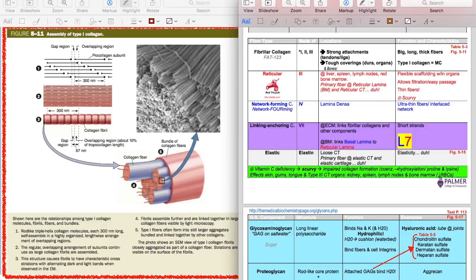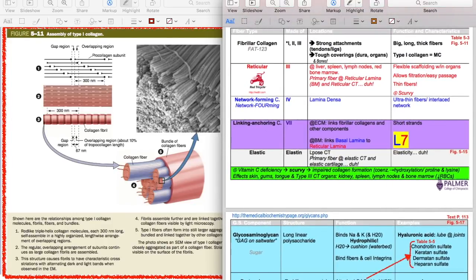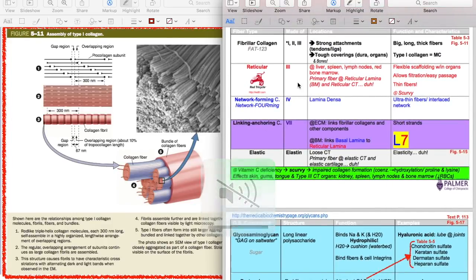If you want to get into this in more detail, that's what collagen looks like. Otherwise, we can focus on this table because I've got the tools for you in here. Reticular fibers are made out of type 3 collagen, and there is a type of fibrillar collagen that will also be made out of type 3. Otherwise, there is no overlap that you have to remember as far as numbers go. It's pretty straightforward.